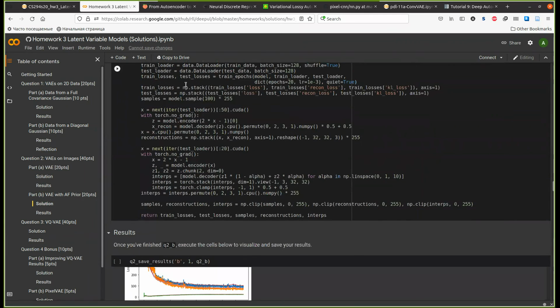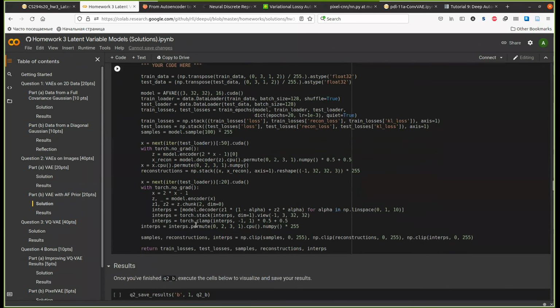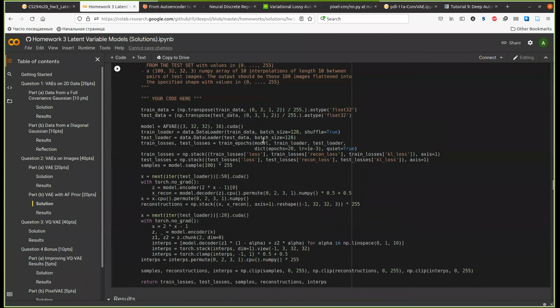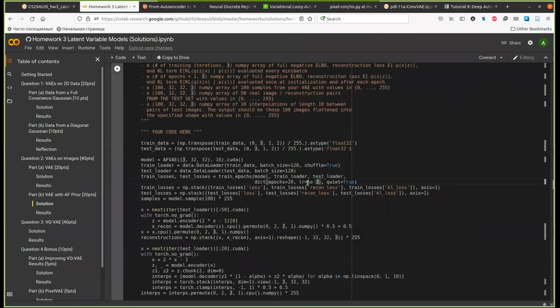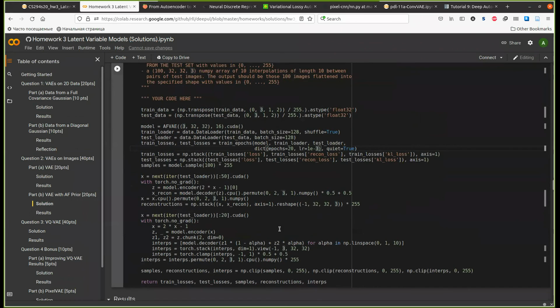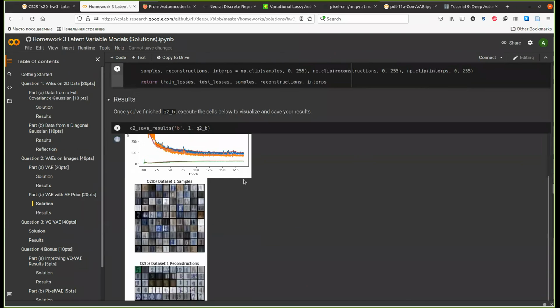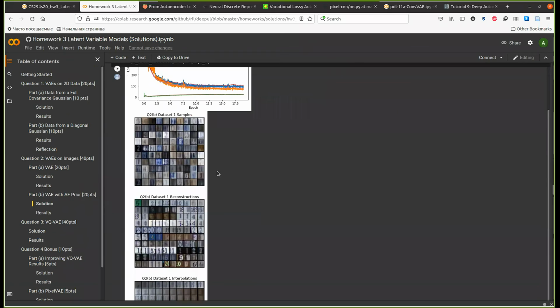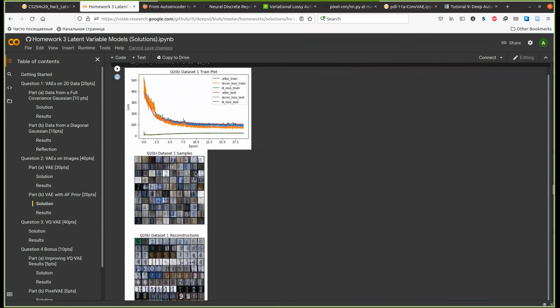So there you see the training procedure here is very similar to what we had in my implementation. It is a very standard training. The learning rate is the typical 1e-3. And let's have a look at the results we get with the variational autoencoder.